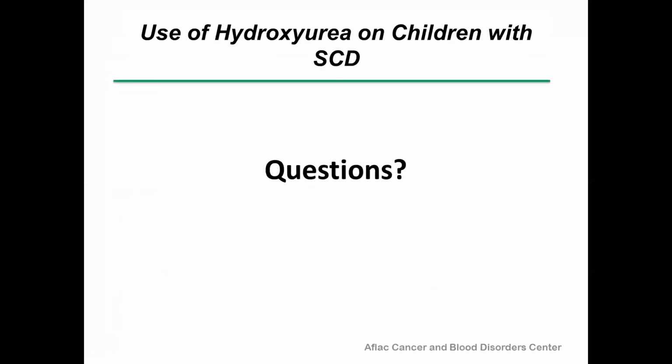Cyclos is a very new product that has just been FDA approved for children as young as 2 years. And this is a form of the hydroxyurea. So it's hydroxyurea, it's the same thing, where a tablet can be put on a spoon, and when you fill the spoon with water, it helps to disperse or dissolve it so that it can be more easily swallowed.